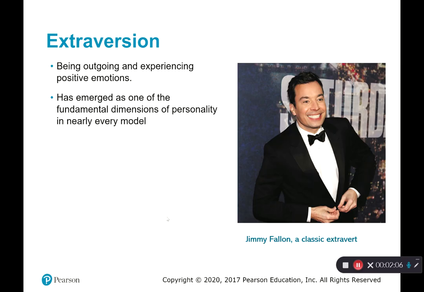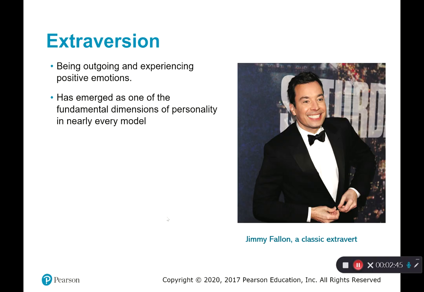This has emerged as one of the fundamental dimensions of personality in nearly every model. Again, there's a lot of debate from one theorist to another about all five of these dimensions. But the one thing that really everyone, I don't know of any exceptions, all the theorists agree on is that this trait is important.